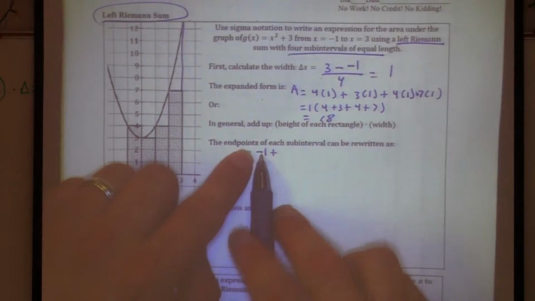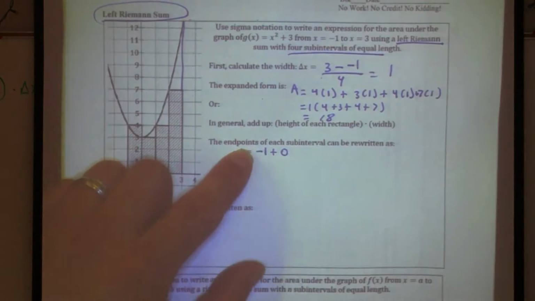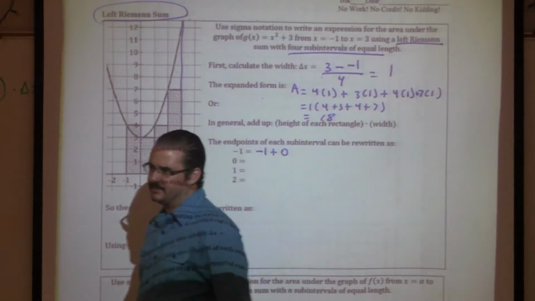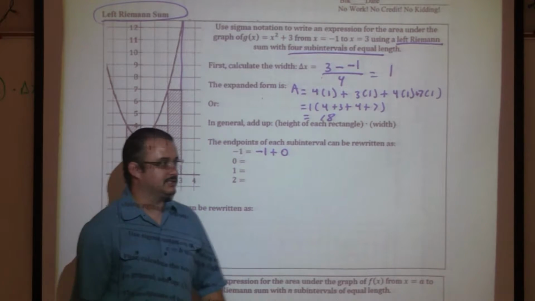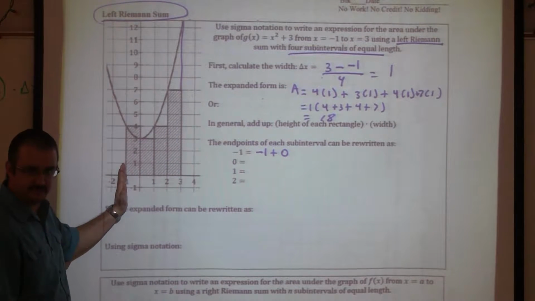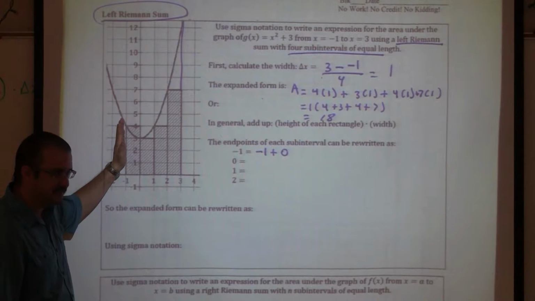This -1, I'm getting it from my endpoint. Why do I need to add 0? We're doing a what kind of Riemann sum? Left, right? So the starting point will always be the first left endpoint. You understand?